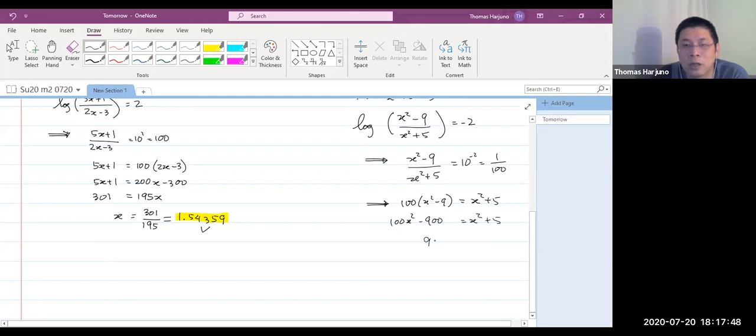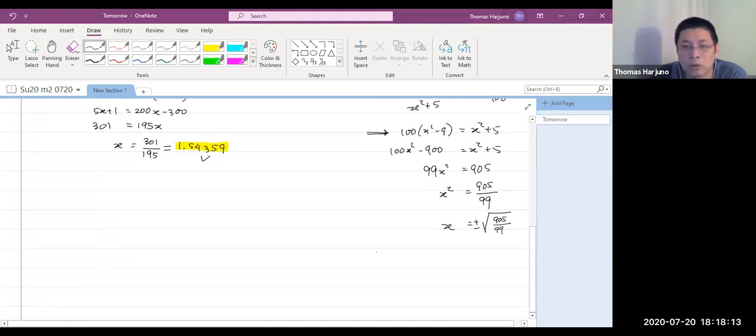So 99x squared equals 905. Okay, so x squared equals 905 over 99. So x equals plus or minus the square root of 905 over 99. Okay, so there are two solutions here.